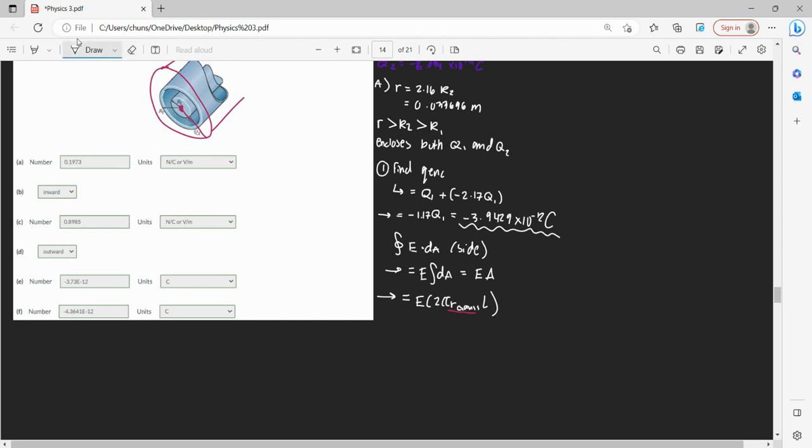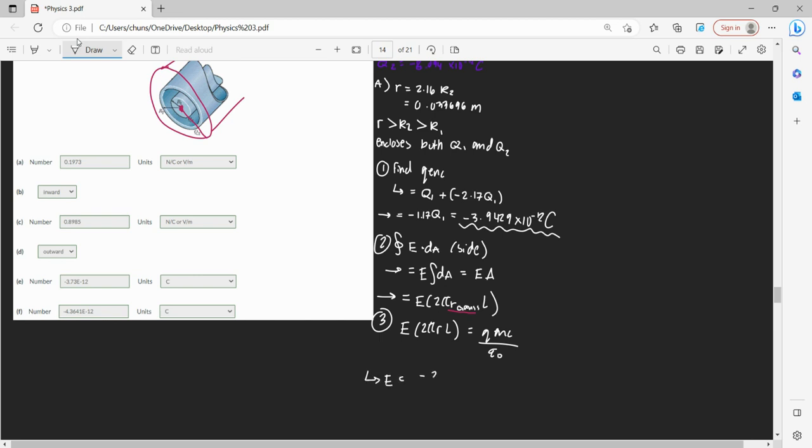This is 1, 2, 3. So that gives E 2 pi R L equals Q enclosed. Plug that all in and isolate for E.